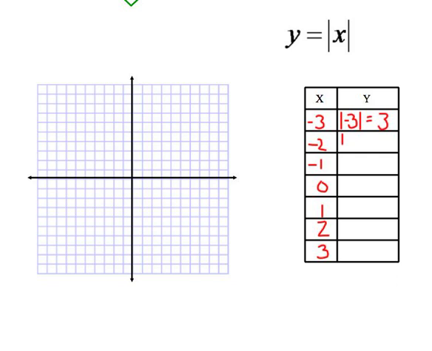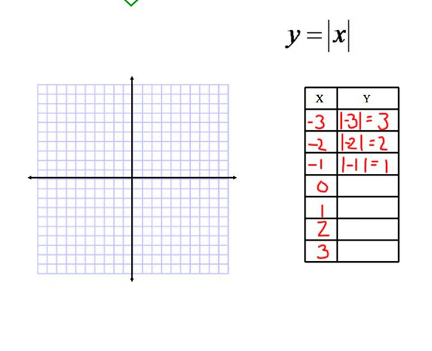When x is equal to negative 2, you're looking at the absolute value of negative 2, which means the distance between 0 and negative 2, which is a positive 2. For the absolute value of negative 1, again, you're looking at the distance between negative 1 and 0, and that will be a positive 1.